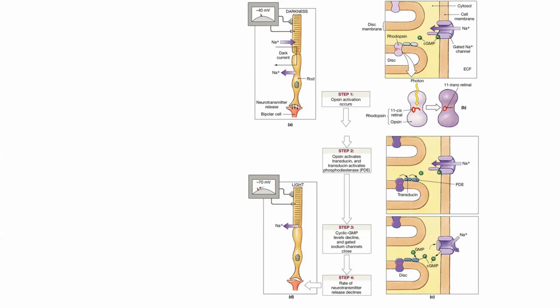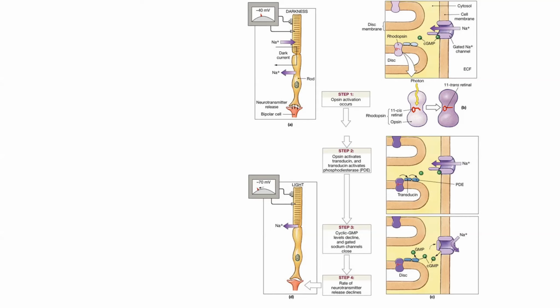So that's how the light activates the rod or the cone and then transmits that signal to the optic nerve. When that dark current shuts off, when that neurotransmitter release shuts off, that change in bipolar stimulation causes activation of the ganglion, which leads to the optic nerve.